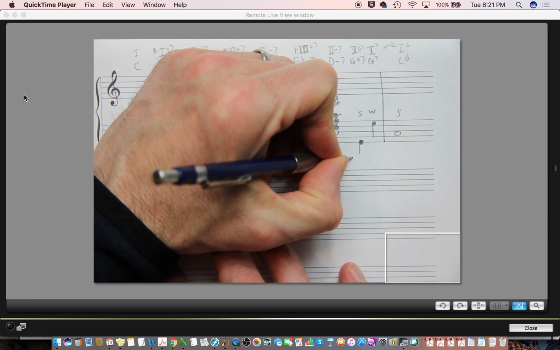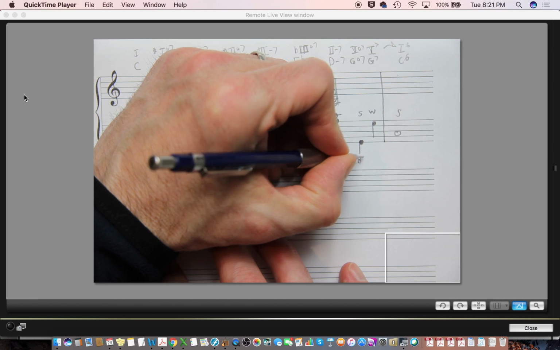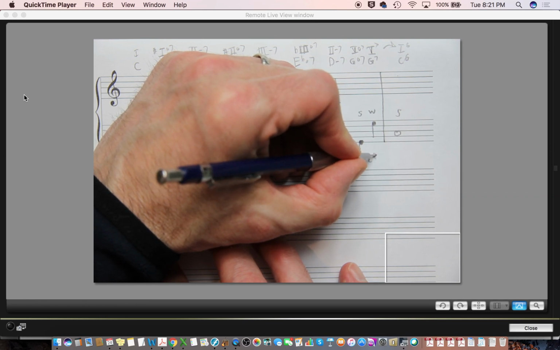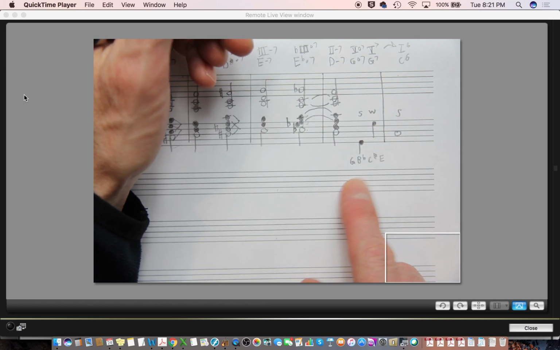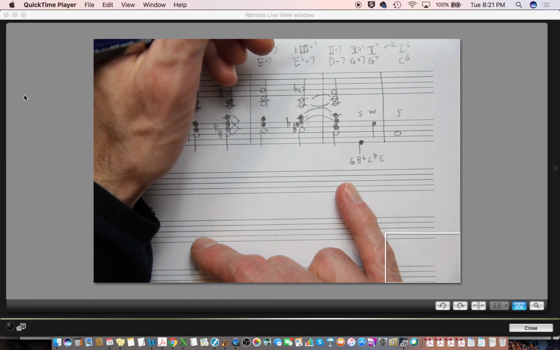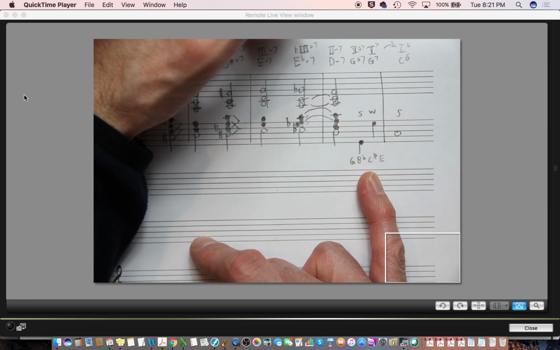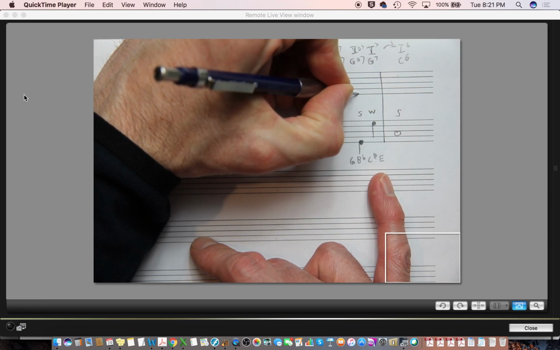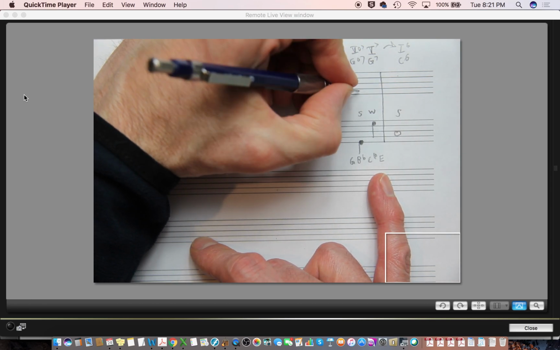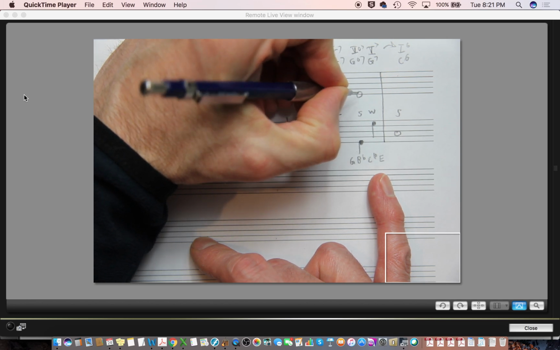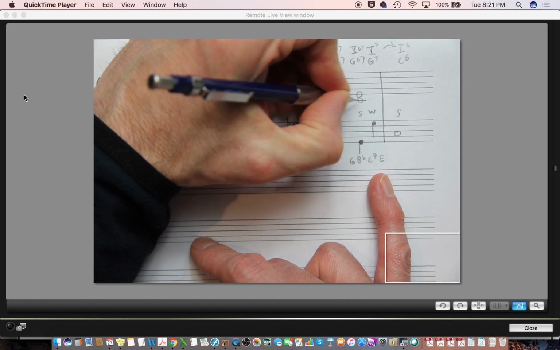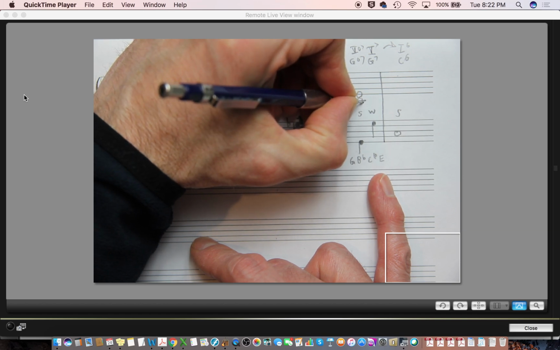Now G diminished 7 would be G, B flat, probably C sharp, and probably E. So spell these enharmonically. Right? So I've got my G, B flat, C sharp, and an E. So I'll put my E here, C sharp here, and B flat here.